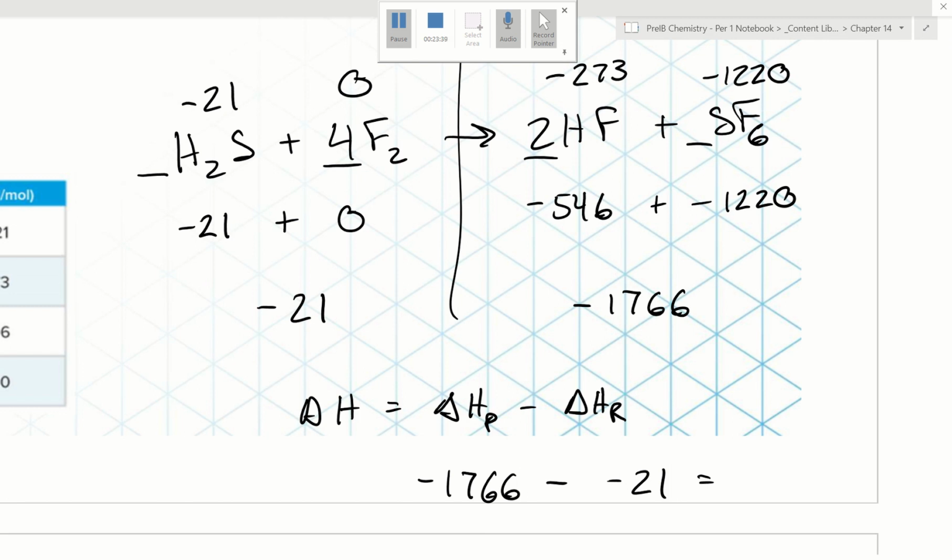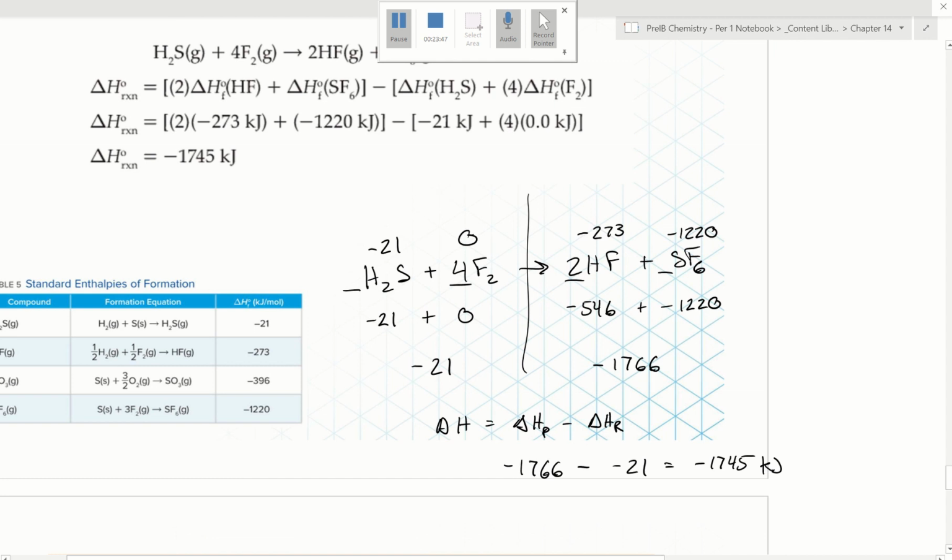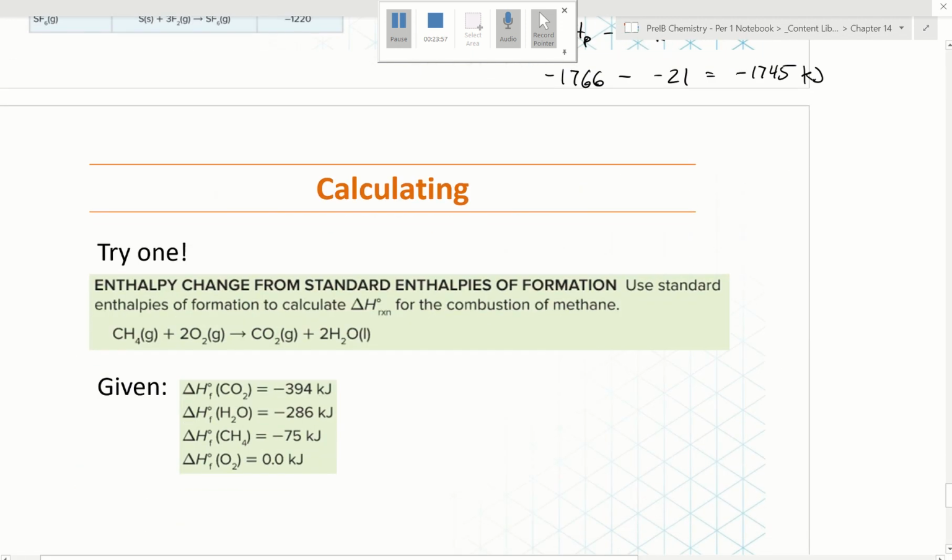That's going to give me -1745. And that is my answer. And that's the same thing they got there. So that's using the summation equation. Summation just means the sum of. Okay, so hopefully you guys can see how that worked.